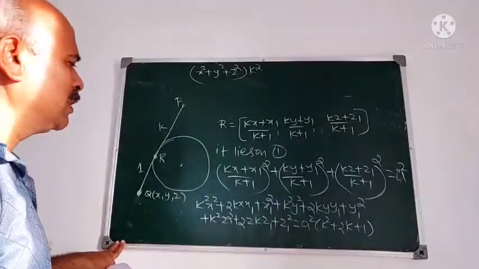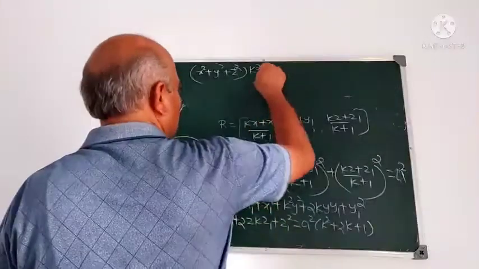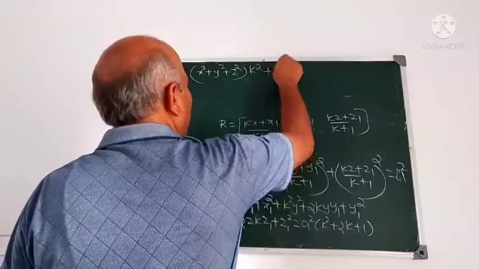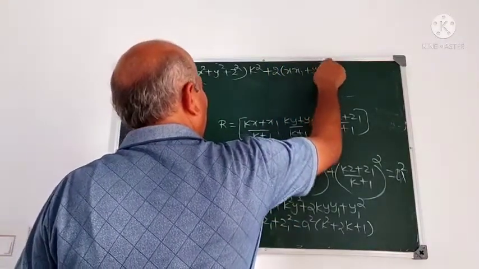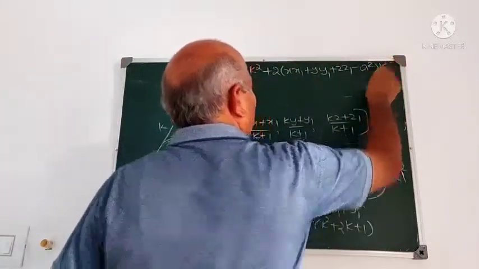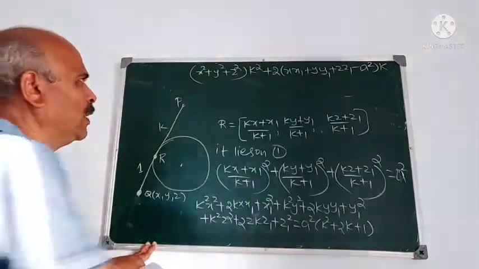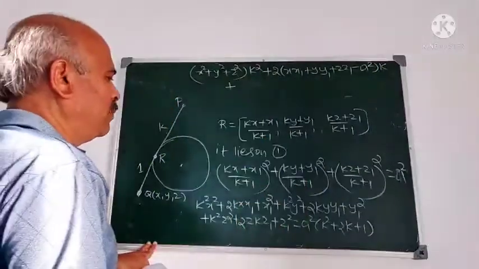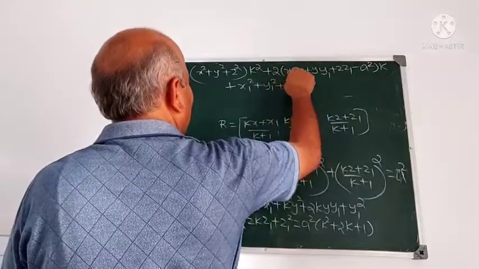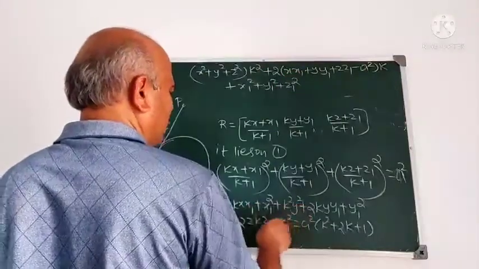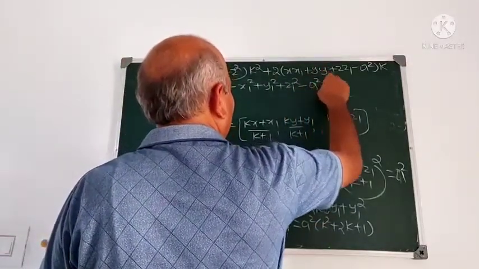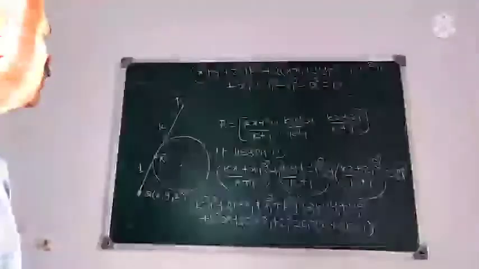Simplifying, we get (x square plus y square plus z square minus a square) into k square plus, what is the coefficient of k? 2 into (x x1 plus y y1 plus z z1 minus a square) into k, plus the remaining terms: x1 square plus y1 square plus z1 square minus a square is equal to 0.